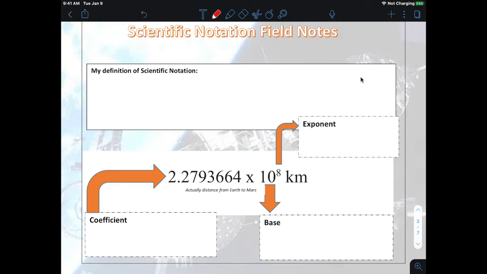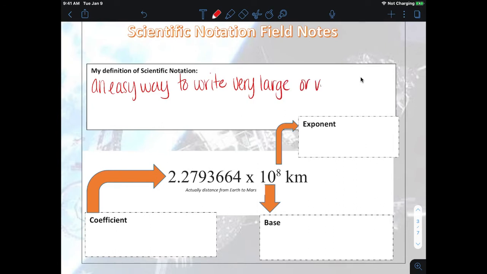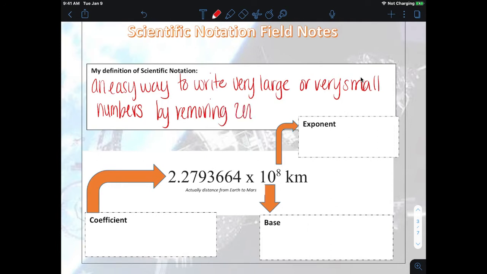Scientific notation is just an easy way to write very large or very small numbers by removing zeros in back or front. That's a pretty simple definition.